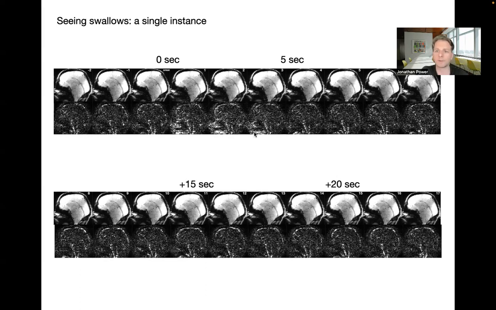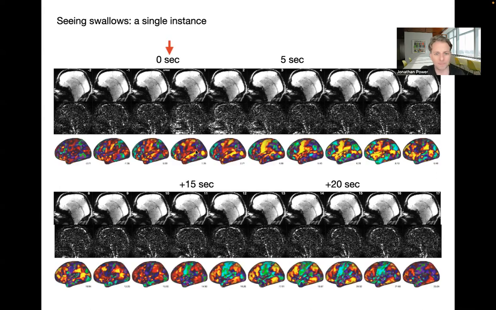And if I take this one step further, process the data, put it on the surface in the usual ways, what you can see is that from about 4 to 8 seconds after the swallow happened, there's a big bloom of activity along the motor strip and somatosensory strip, the ventral portions of it, which is where the face is represented. So this would be consistent with the idea of an evoked fMRI signal that happens after the swallow.